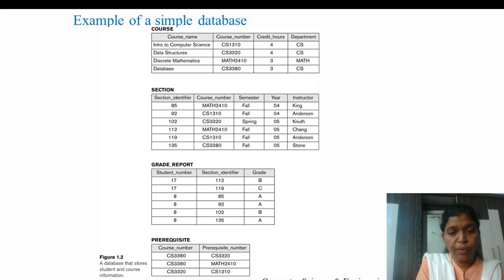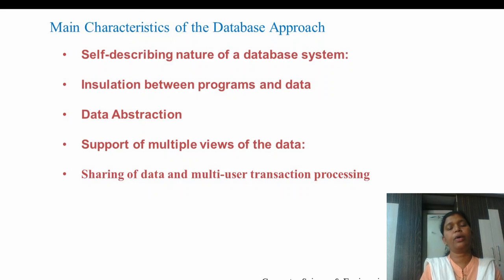Again, if you come back to the prerequisite, again there is a course number. So like this, in the real existing world, we have to relate the relevant data, and it can be enormous, not just one or two tables as I have shown here. So you need to understand this is how we are going to store the data in the mini world. That's a real existing world. Okay.